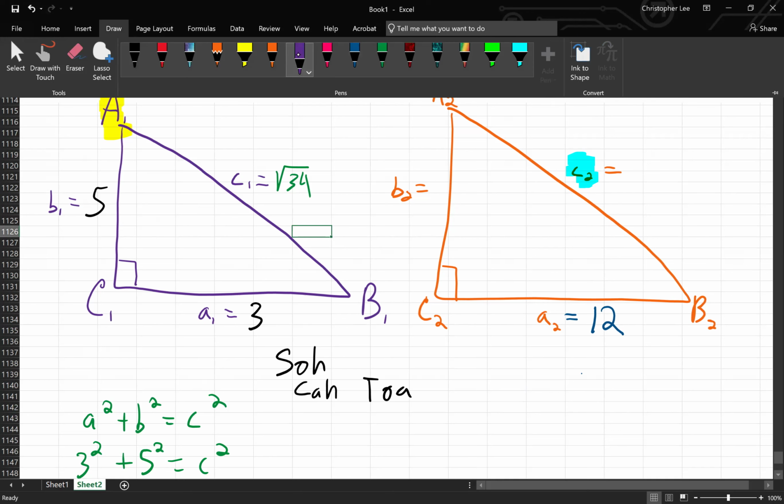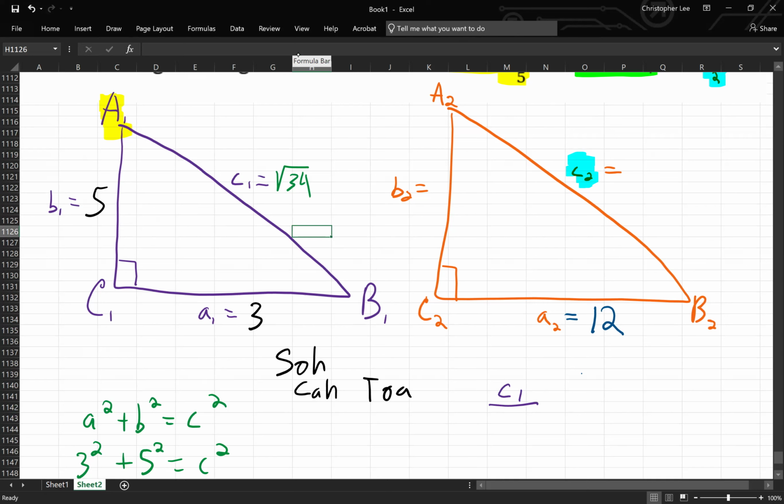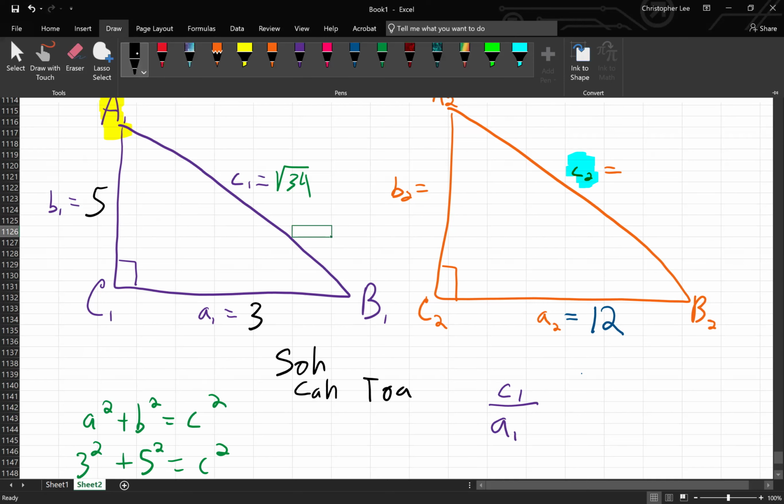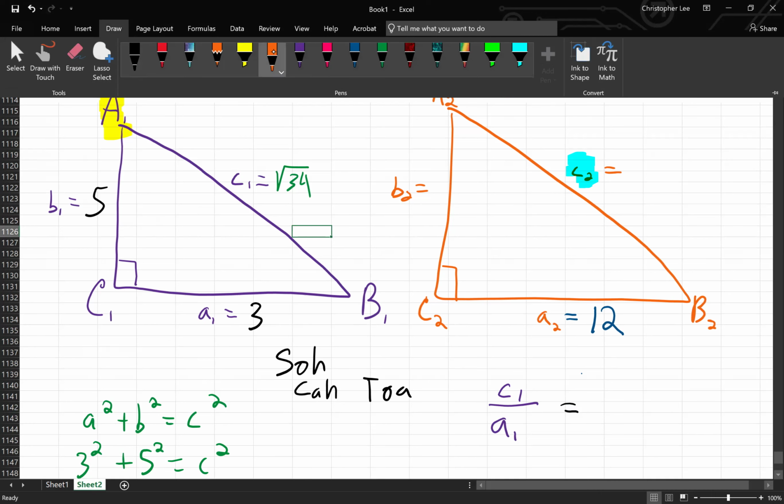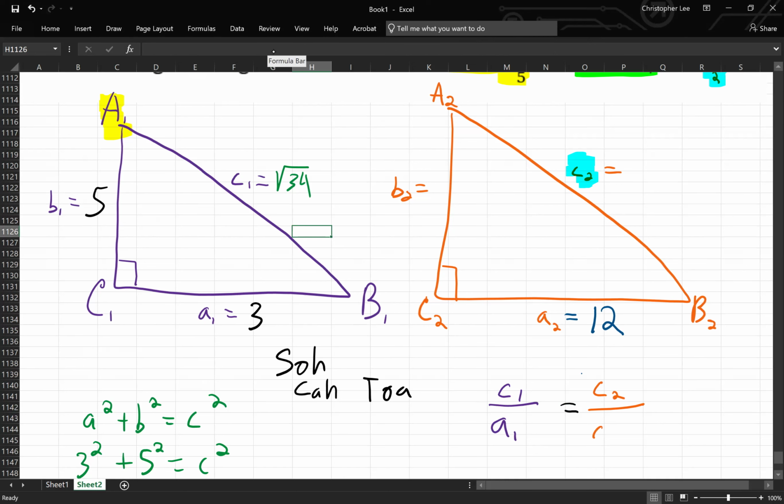I want to do C1 over A1 is equal to C2 over A2. And all you're going to do is plug in the numbers from each triangle, cross multiply, and that's your answer. Let's try it out.